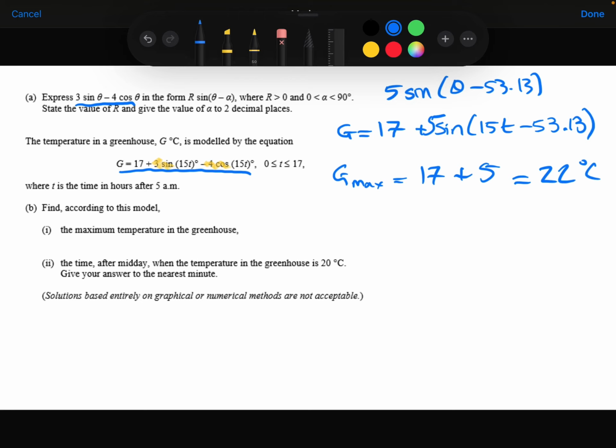Then for part II, we want to find the time after midday when the temperature in the greenhouse is 20 degrees Celsius. So when G is 20. So we'll subtract the 17 from both sides.